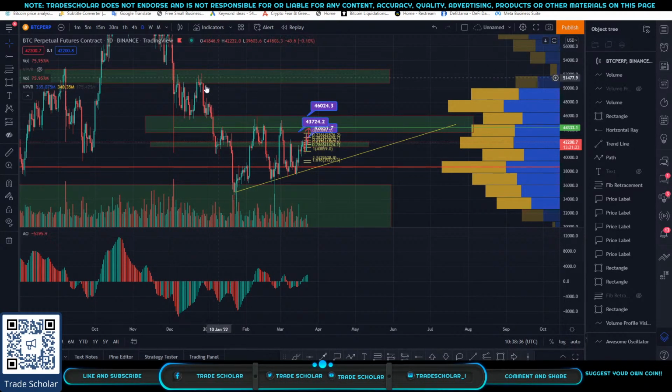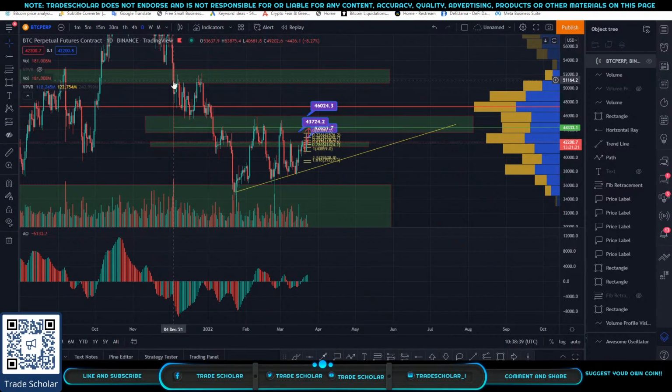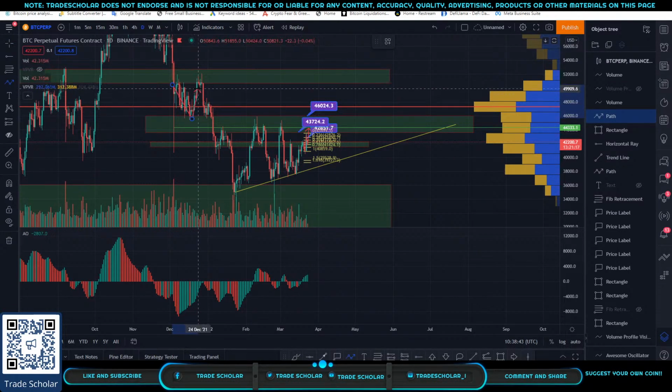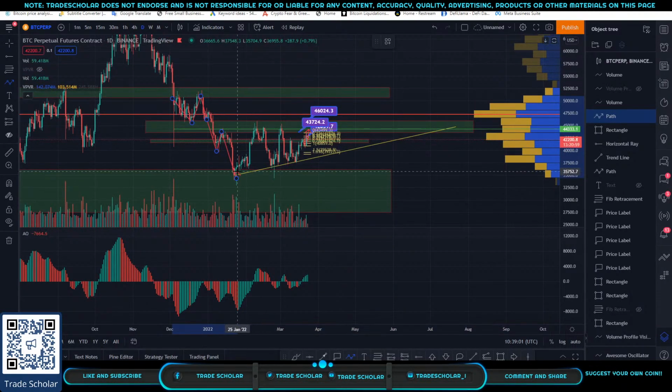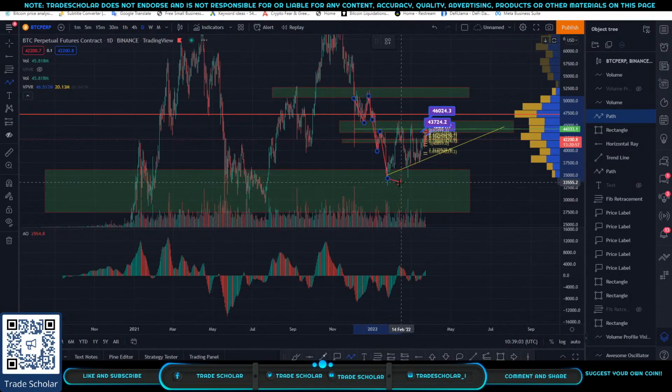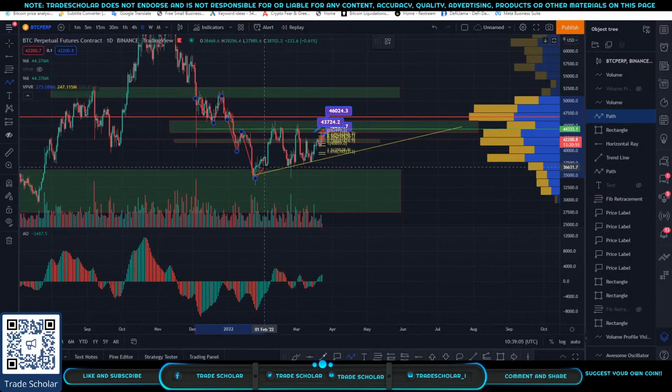With this drop here, it drops, retests the base, drops again, then breaks the demand area, tests the demand area, and then drops again, touching the main demand area.